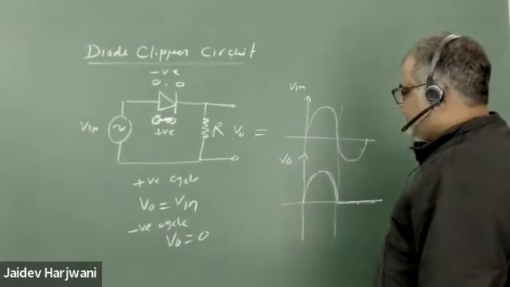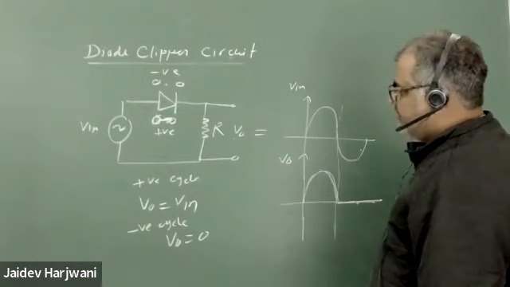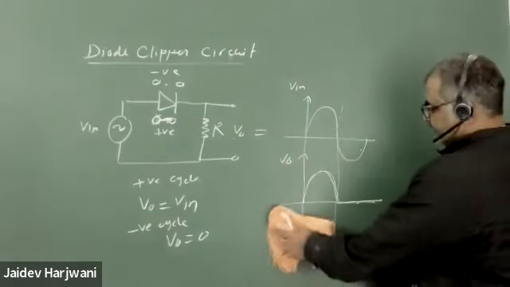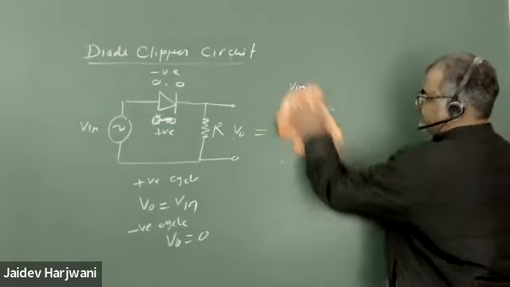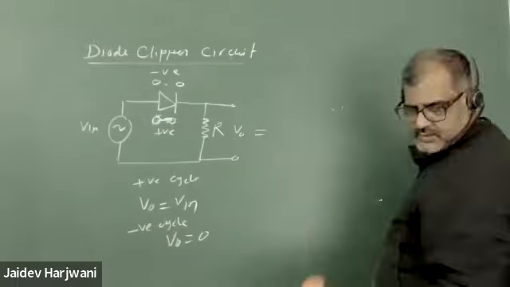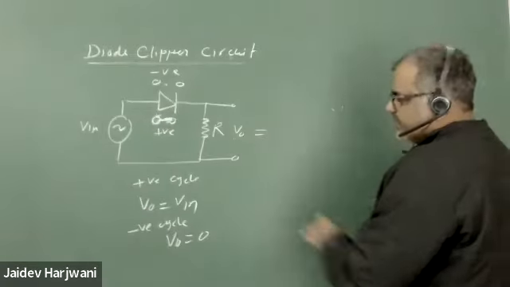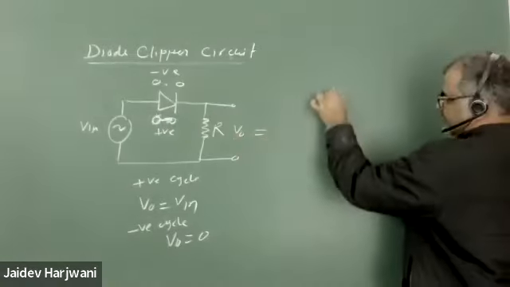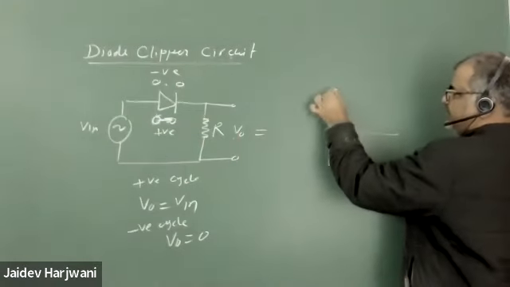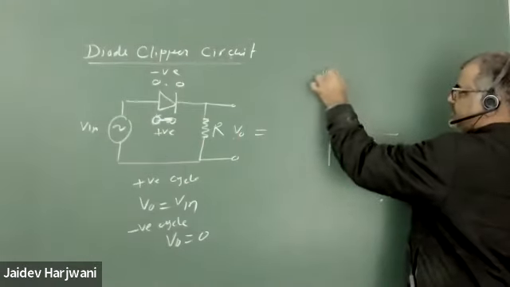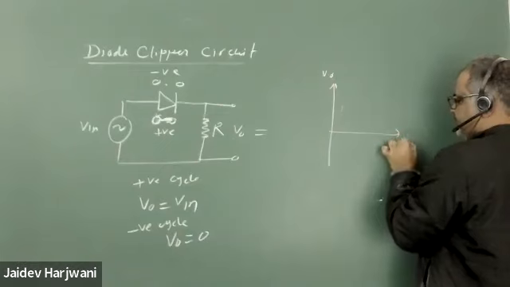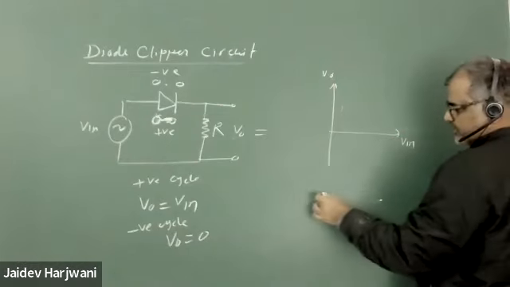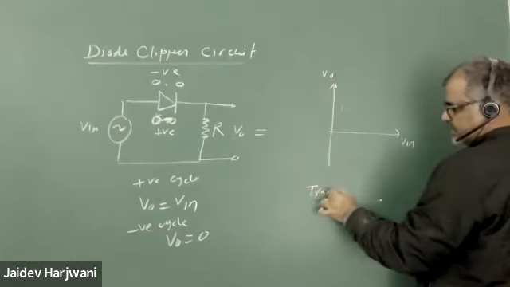For example, I want to plot V output versus V input, where V input can be anything. This is called your transfer function.